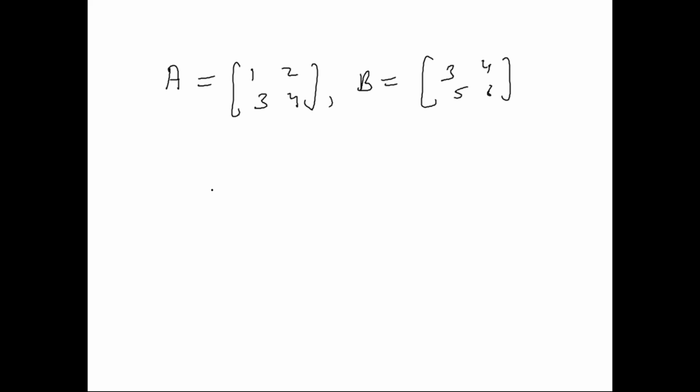Please read the point. Let us say we have a matrix 1, 2, 3, 4. We have another matrix 3, 4, 5, 6. Find first of all AB. Then verify that determinant of AB should be equal to determinant of A into determinant of B. Please find it.